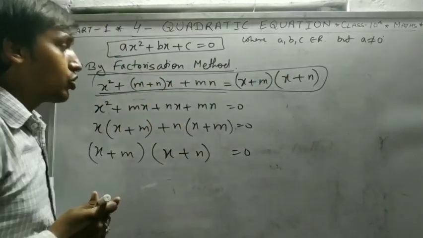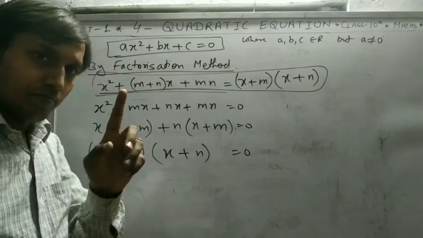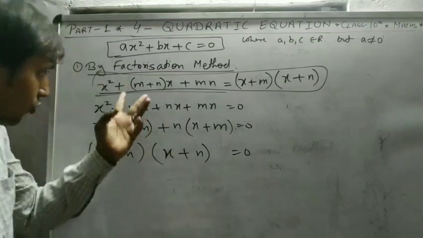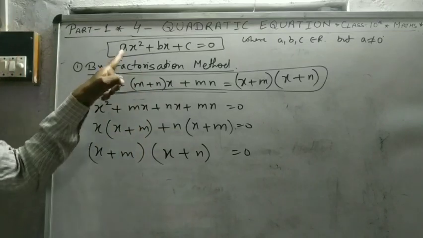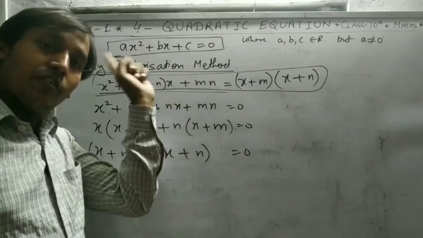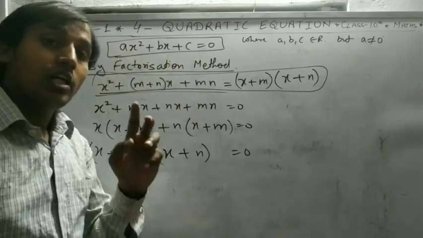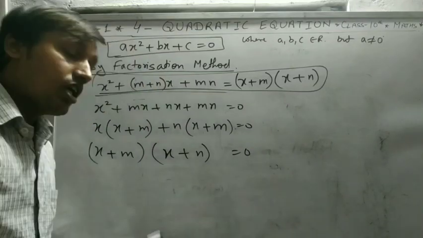So we can factorize them by splitting the middle term, as you know from polynomials. We split using the product of a and c, meaning the first and third term, whose factors give the sum b.